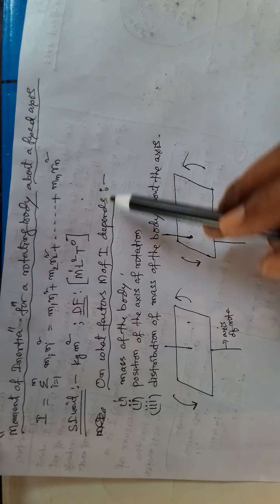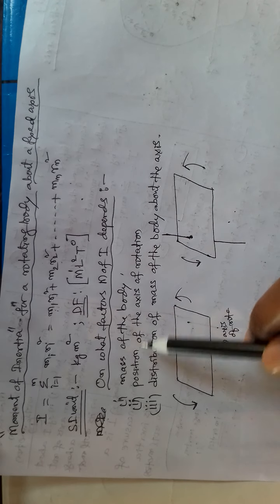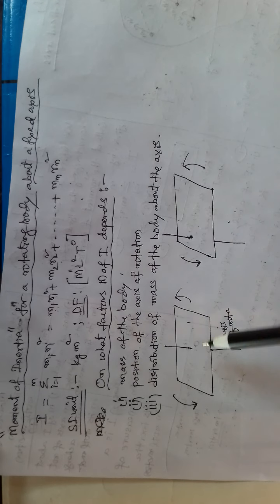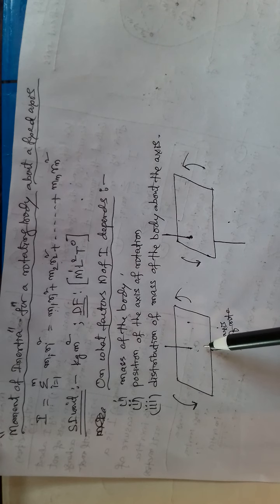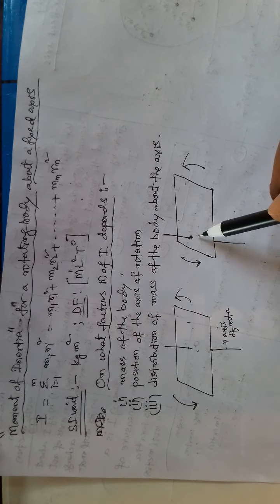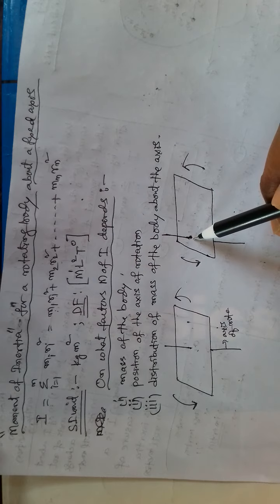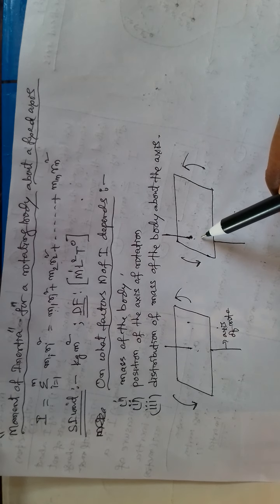Distribution of mass, on what factors does this depend? Position of the axis of rotation. In this position it is rotating for a larger time interval, and when the axis of rotation is here, it is rotating for a small time interval.